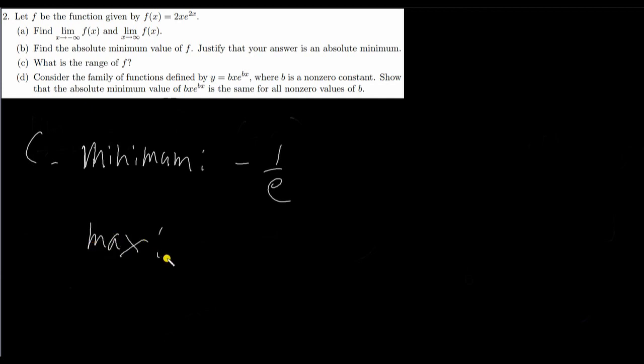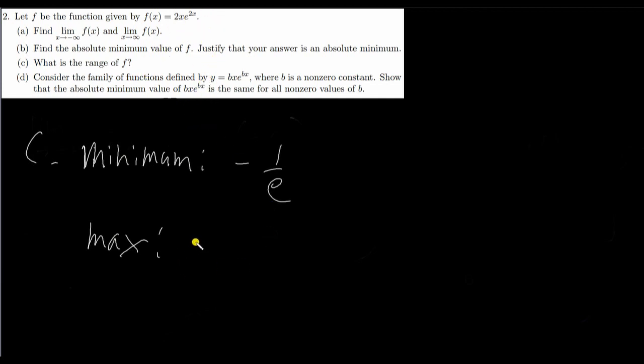Okay, part C, real quick, the range of f. Remember how we found that the minimum is negative 1/e? Well, that means that this is the lowest that it can go. And then what's the maximum? Well, remember how we said in part A that f of x is a constantly increasing function. It increases without bound, just keeps going up and up and up. So as x gets bigger, f of x gets bigger.